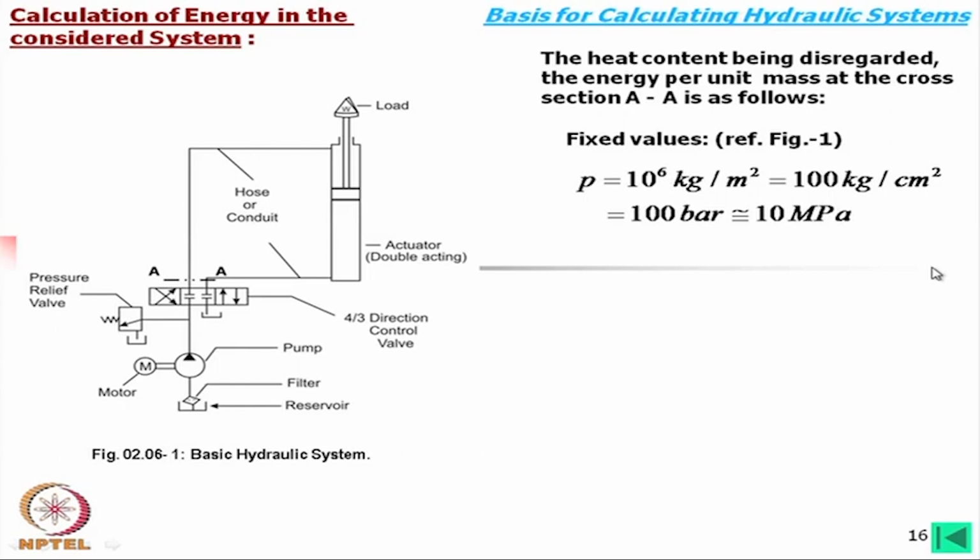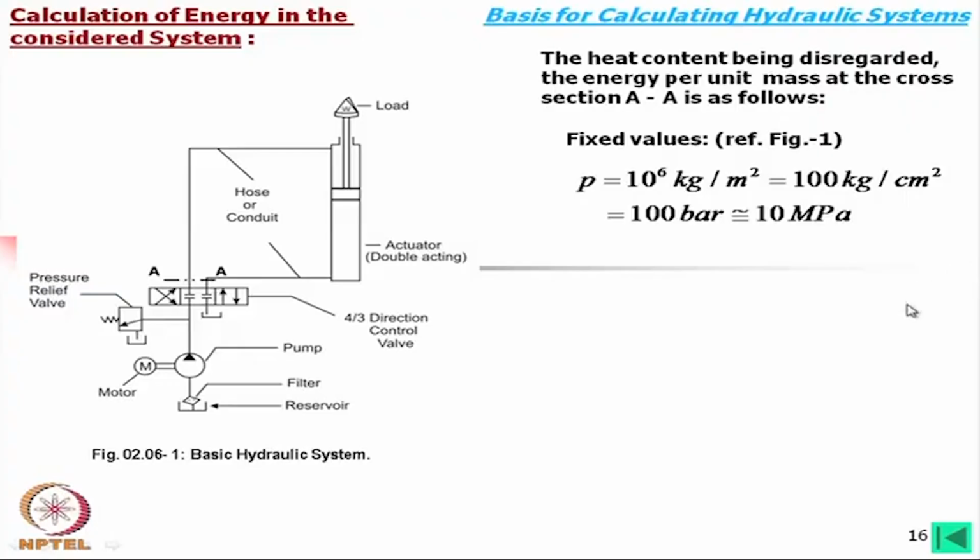Also, you can note it down: 1000 psi is equal to 7 megapascal, or 70 bar, or 70 kg per centimeter square. This is a very close value, not exact.